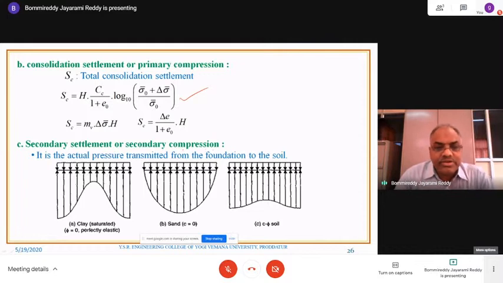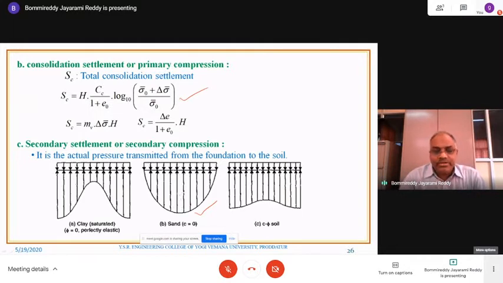In this case, the actual pressure transmitted from the foundation to the soil is entirely different, depending upon the different types of soils. For example, look at the center one, sand.